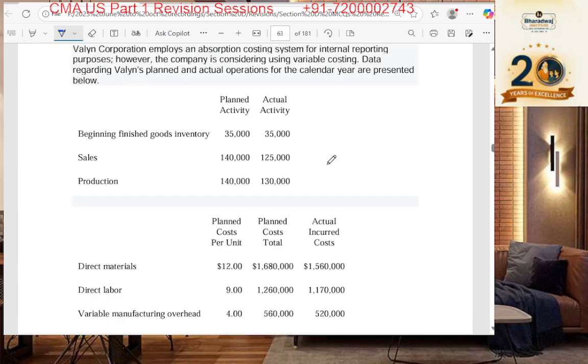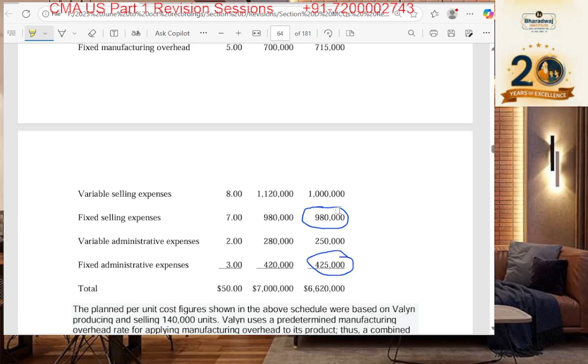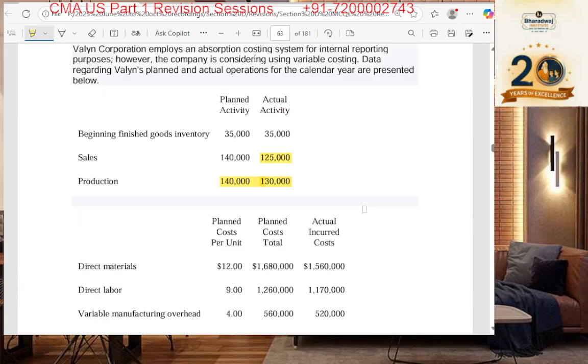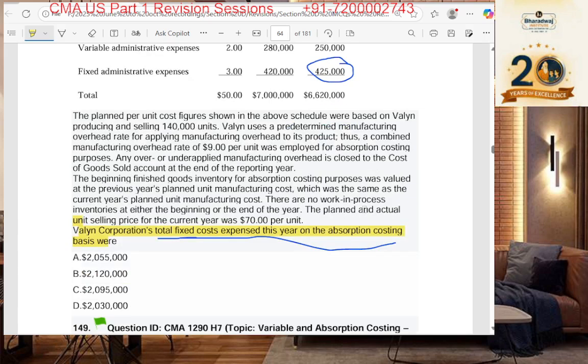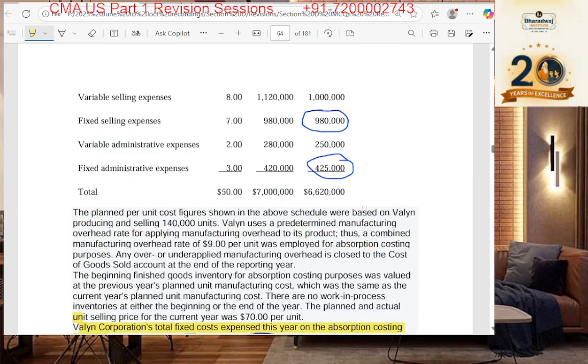Think. Production 1,40,000 is planned. Actual production is 1,30,000. Actual sales is 1,25,000. Planned production is 1,40,000. What is the answer? Think.